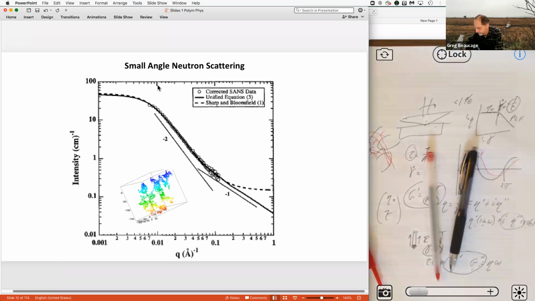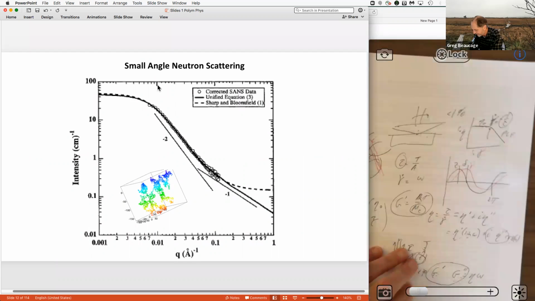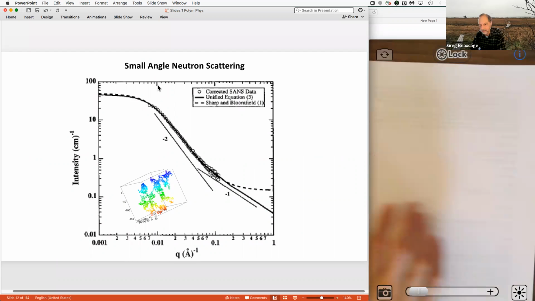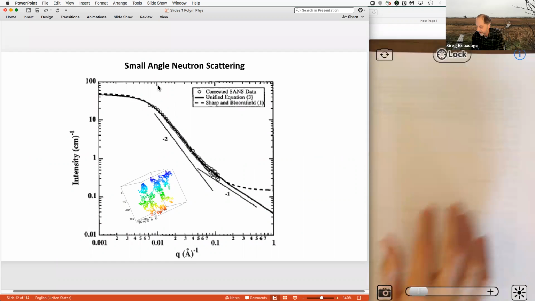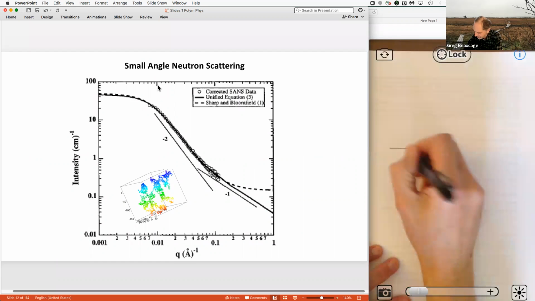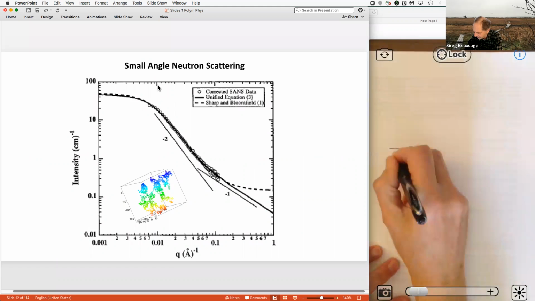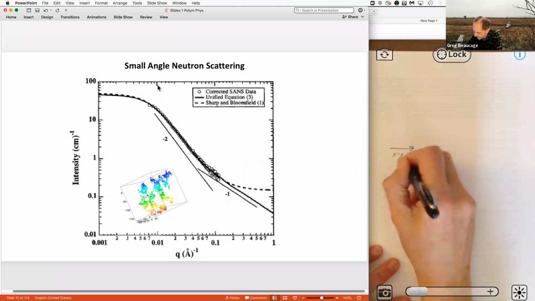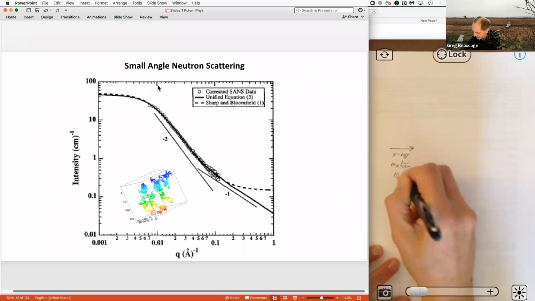Okay, so I have to kind of throw this up at you because you'll see it. So you need to know a little bit about this. You can take a beam of light, or you can take a beam of X-ray or a beam of neutrons. So neutrons are about 10 angstrom wavelength.